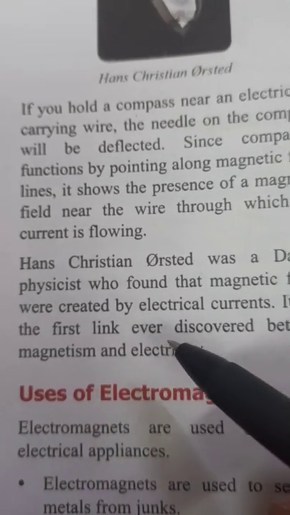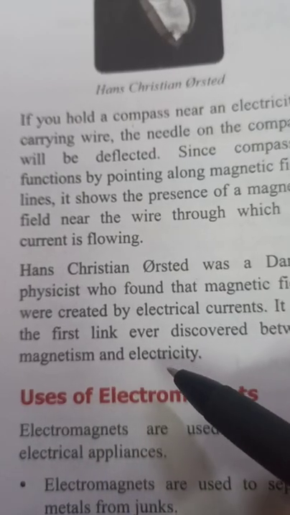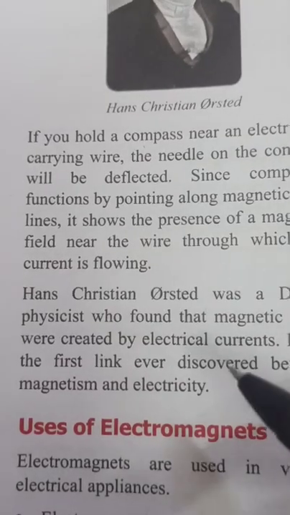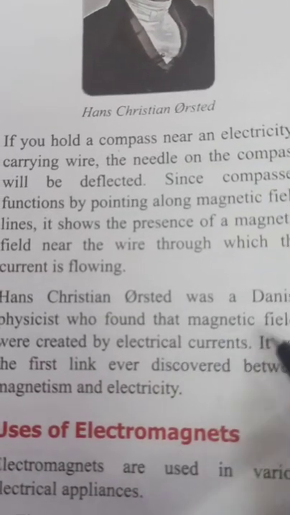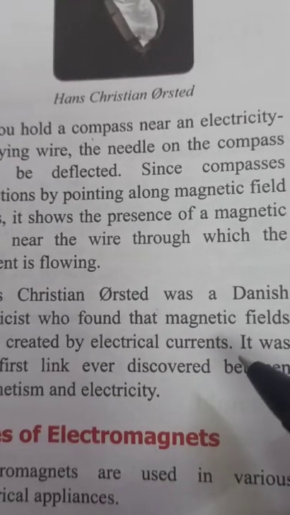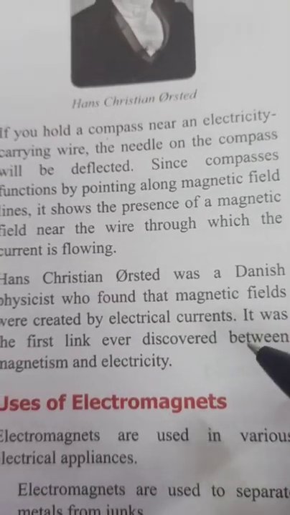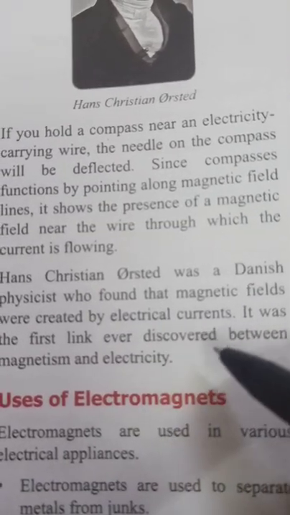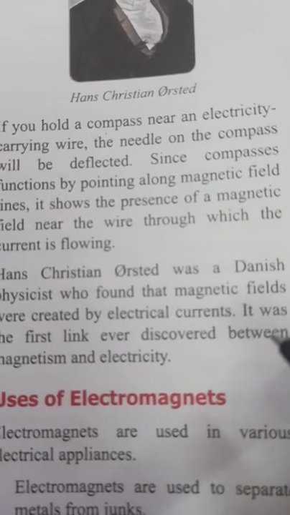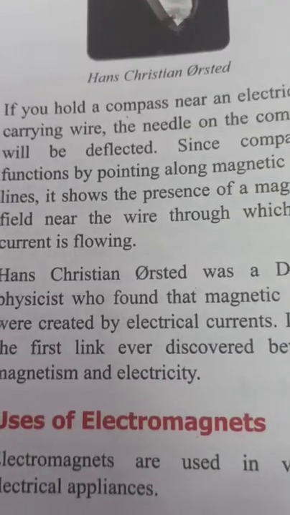It was the first link ever discovered between magnetism and electricity. When this scientist discovered that a magnetic field is created by electric currents, other scientists came to know about the link between magnetism and electricity.